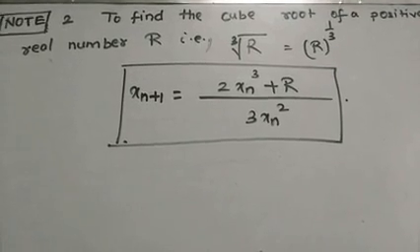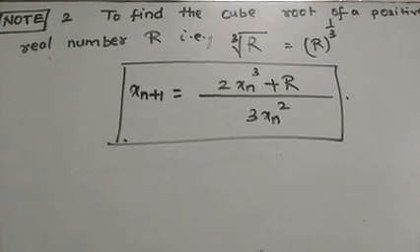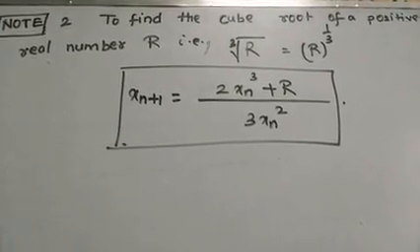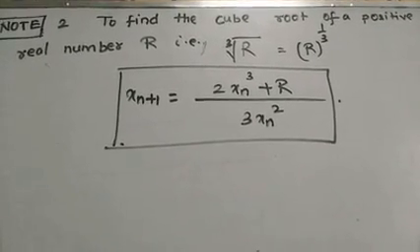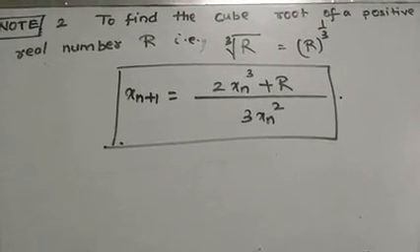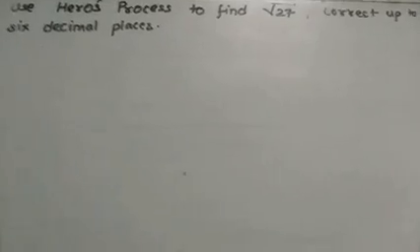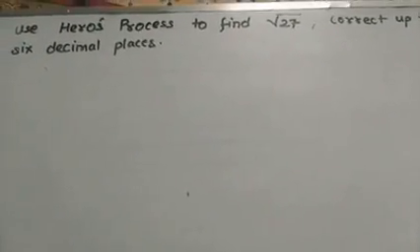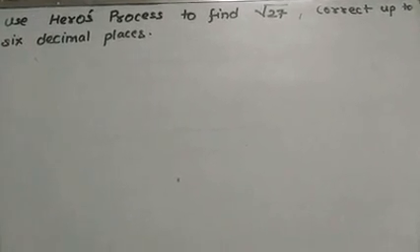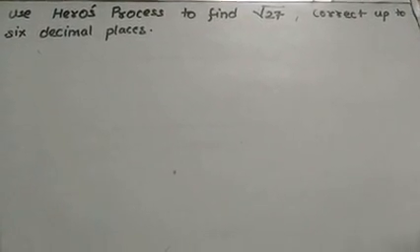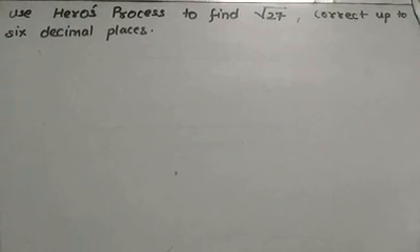So this is all about the formula part of the Newton's iterative formula. Now by using these formulas we are going to solve some simple questions from this topic. Okay, now the next question is use Hero's process to find square root of 27 correct up to 6 decimal places.